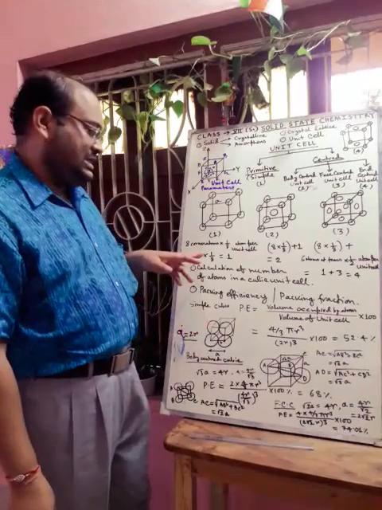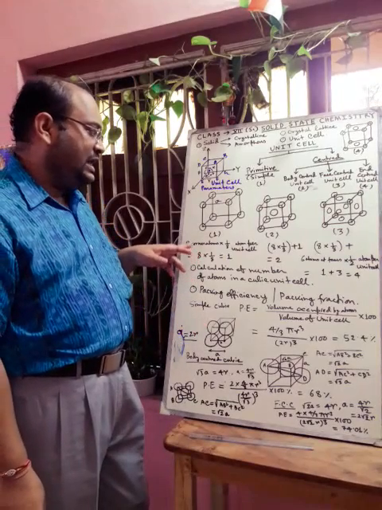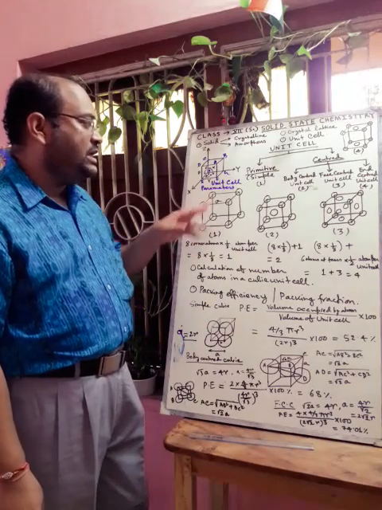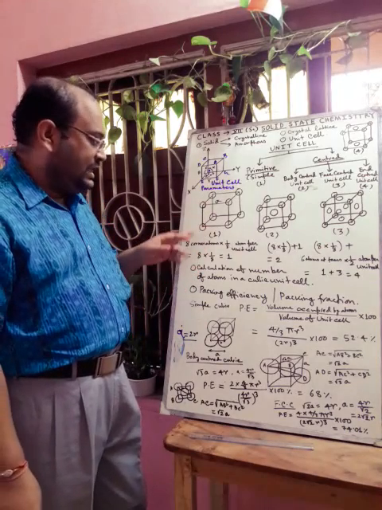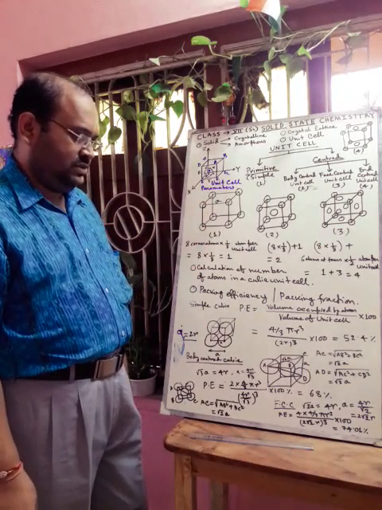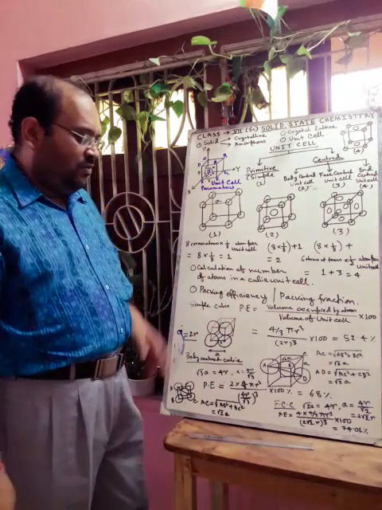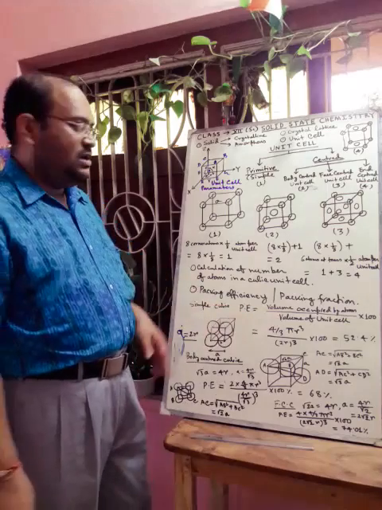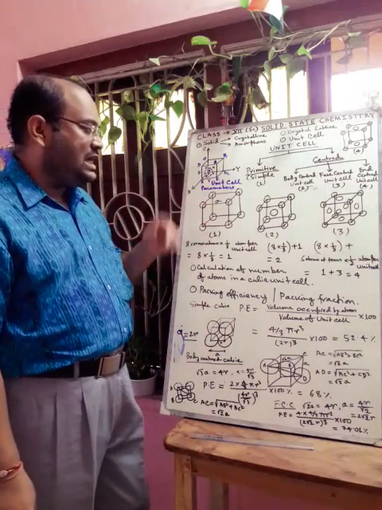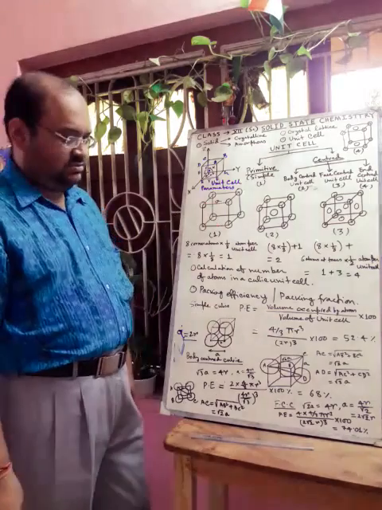Now we have already discussed that in simple or primitive unit cell there is only one atom. So volume occupied by one atom will be 4 by 3 pi r cube, because here r is the radius of the sphere.